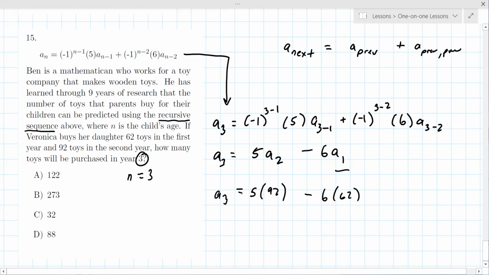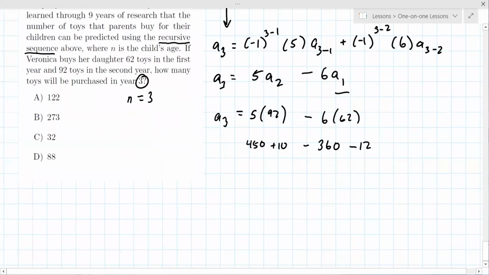We've got some bigger numbers here, but 5 times 90 is 450. 5 times 2 is 10. 6 times 60 is 360. 6 times 2 is 12. Now we did this in a previous problem. It's always better if you can combine ones that are like each other. Like 450 minus 360 becomes 90. 10 minus 12 becomes minus 2. And there's your answer, 88.